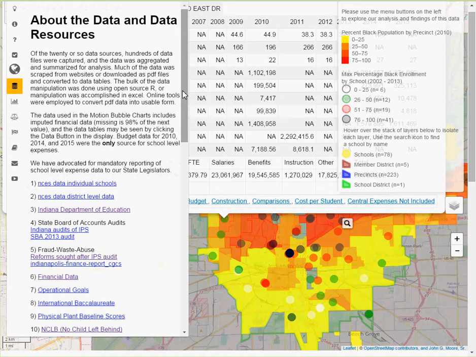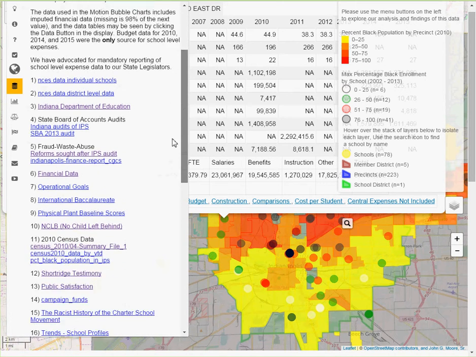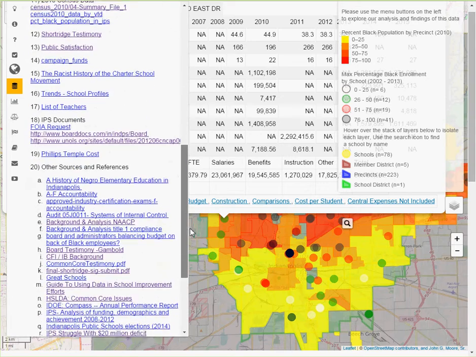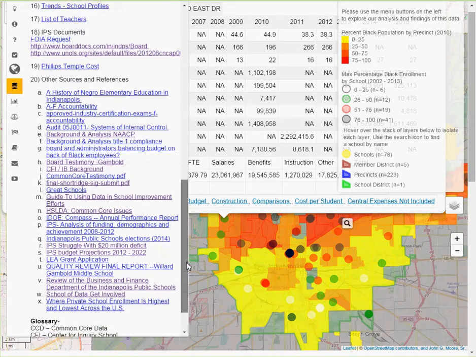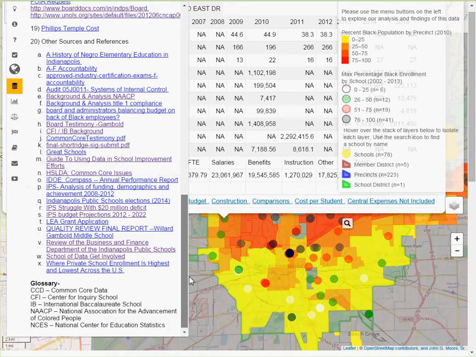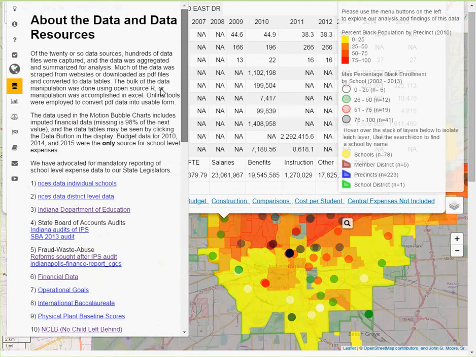We've just categorized about 20 or so data sources that we went to, and there are other references that we used to get textual information.